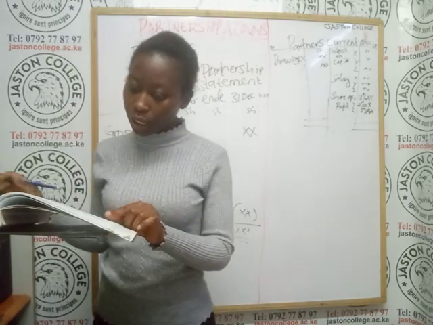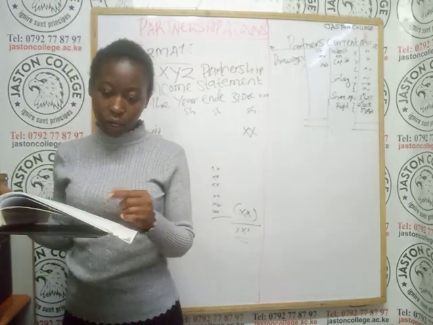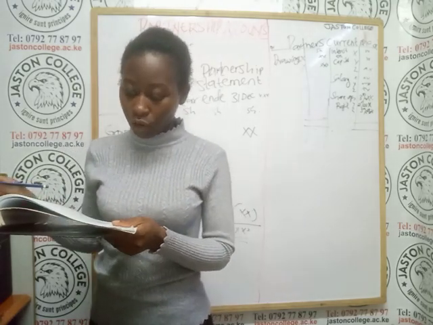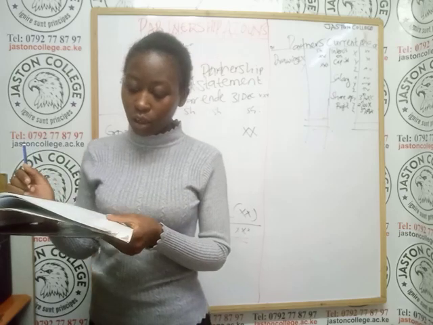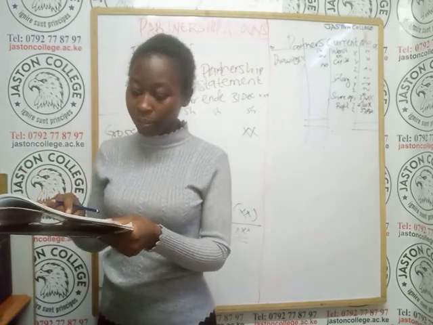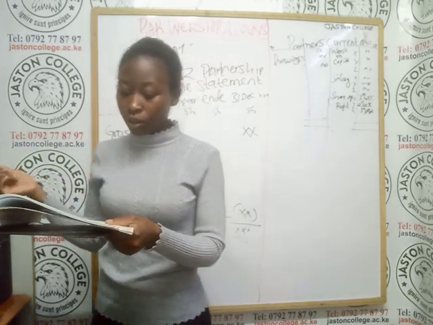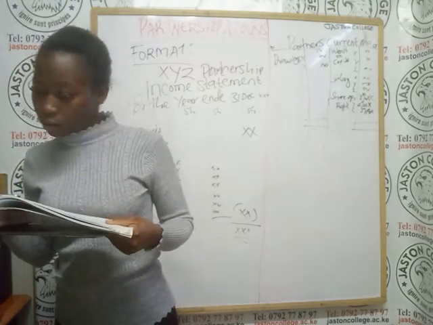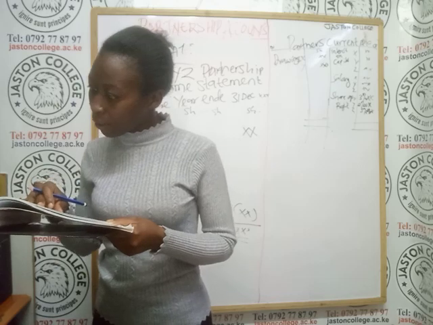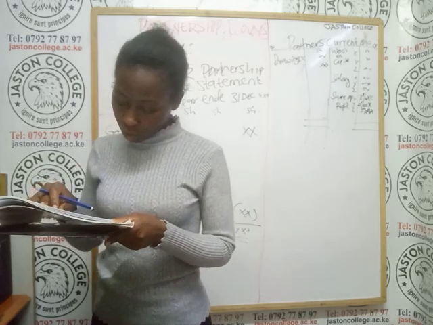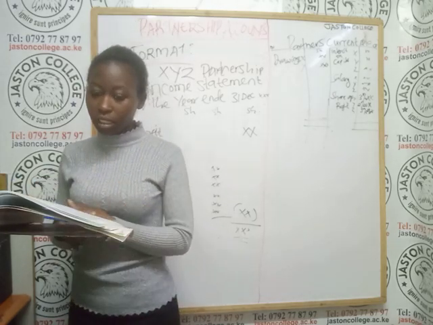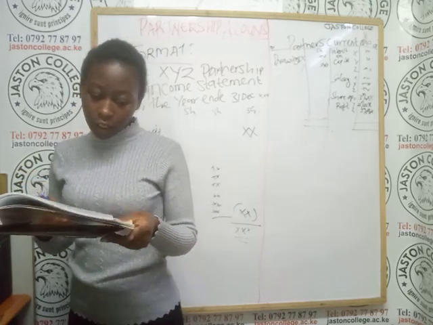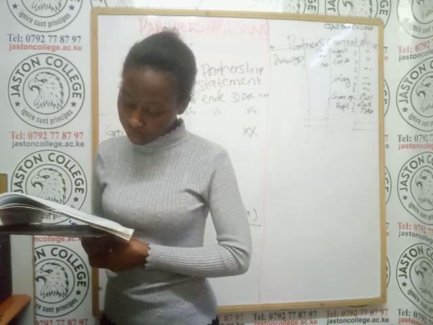Partners' trial balance we've been given. We have the capital accounts for Alex, Brian, and Charles. We also have current accounts for Alex, Brian, and Charles. We also have drawings for all the partners. Inventory, which is our opening inventory as at 30th June 2017. Then we have our gross profit.